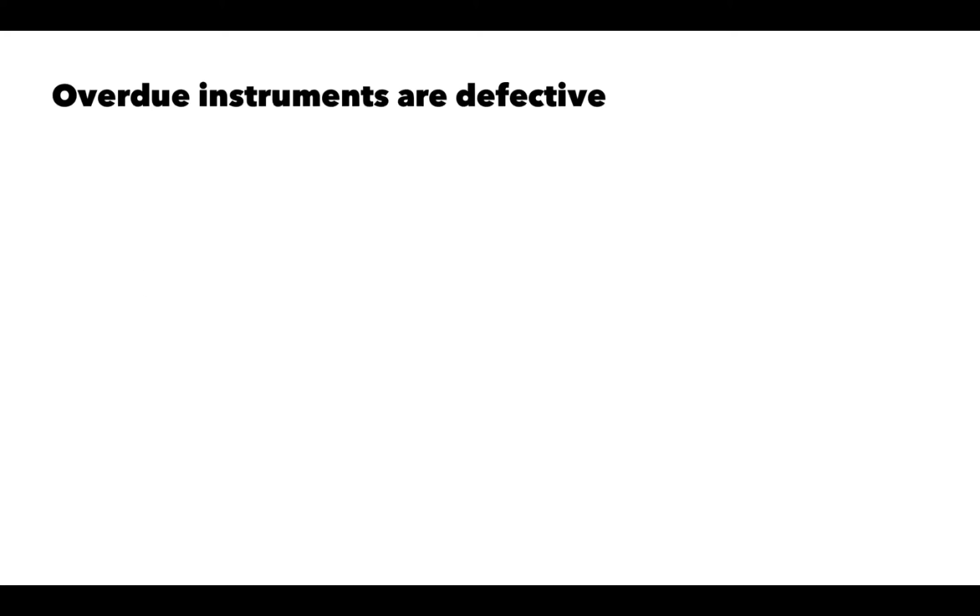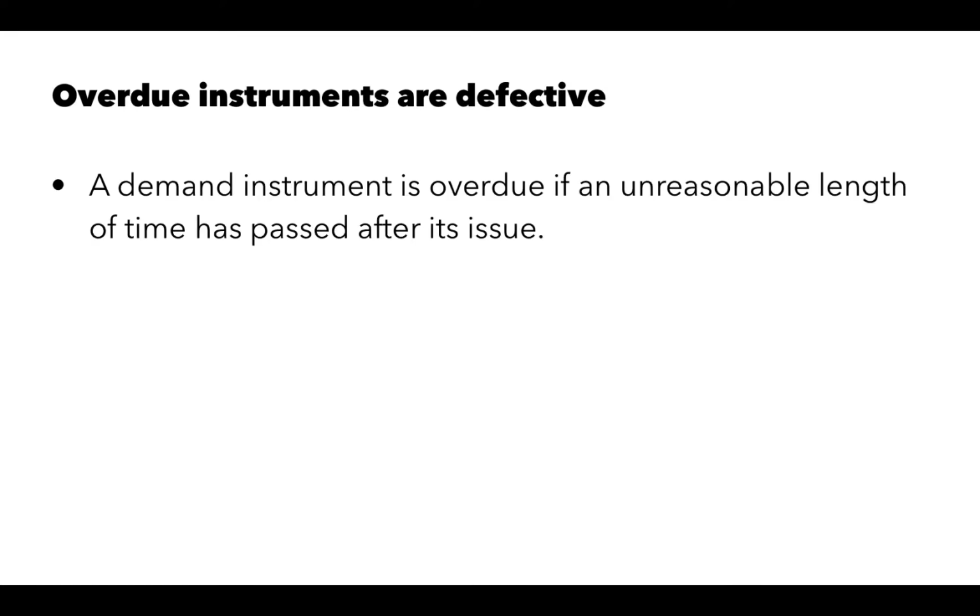Now there are several items that will make an instrument defective. We said that overdue instruments are defective. If the time has passed for payment or an unreasonable length of time has passed after its issue, then it is no longer a valid instrument.